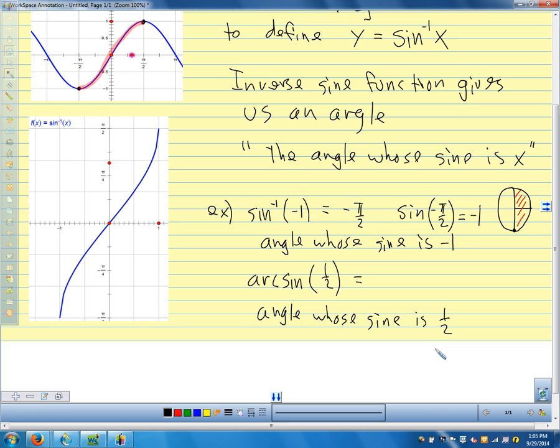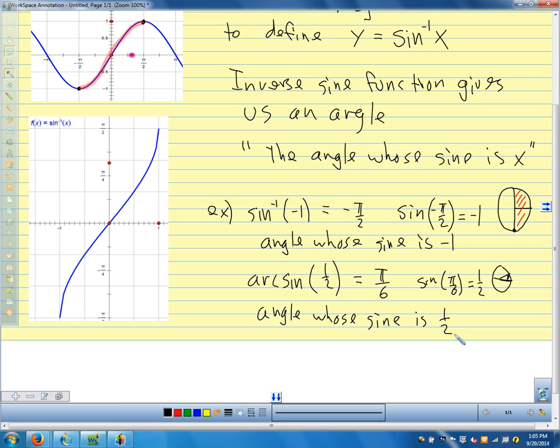Pi over 4 is square root of 2 over 2. What angle gives us the y coordinate of 1/2? Small side of our right triangle. There's my 1/2 there. So what angle is that? Pi over 6, because the sine of pi over 6 equals 1/2.